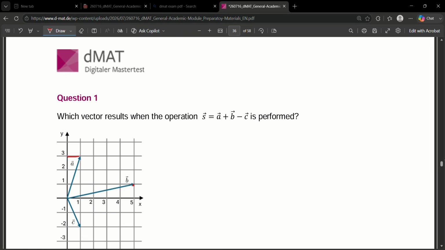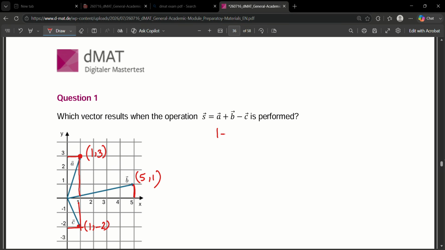You have to find this point. This point is basically 1, 3. This point is basically 5, 1. And this point is basically 1, minus 2. So we have to add these points.